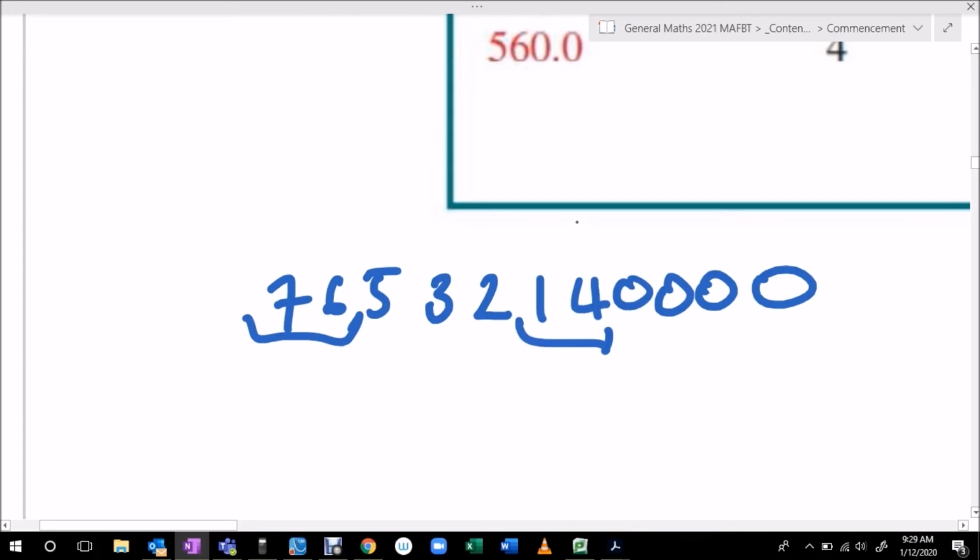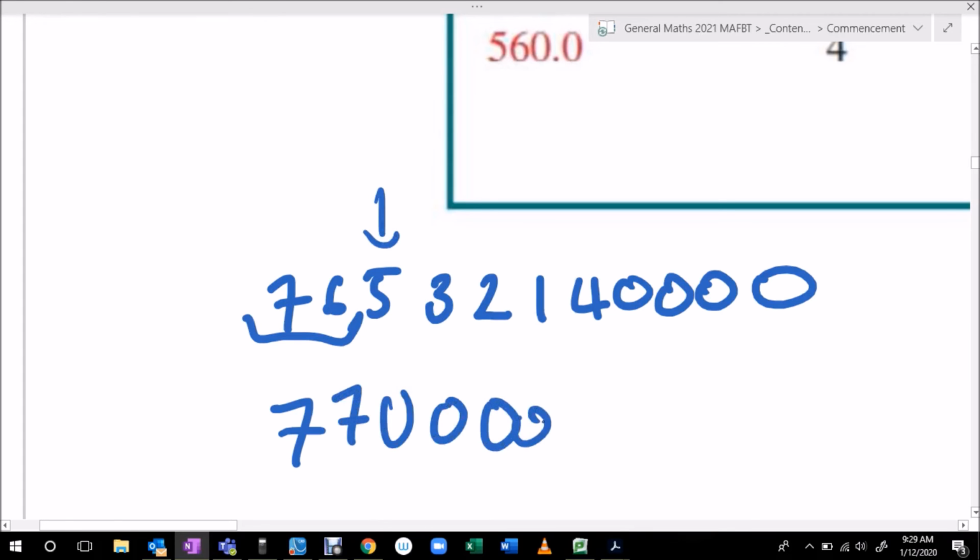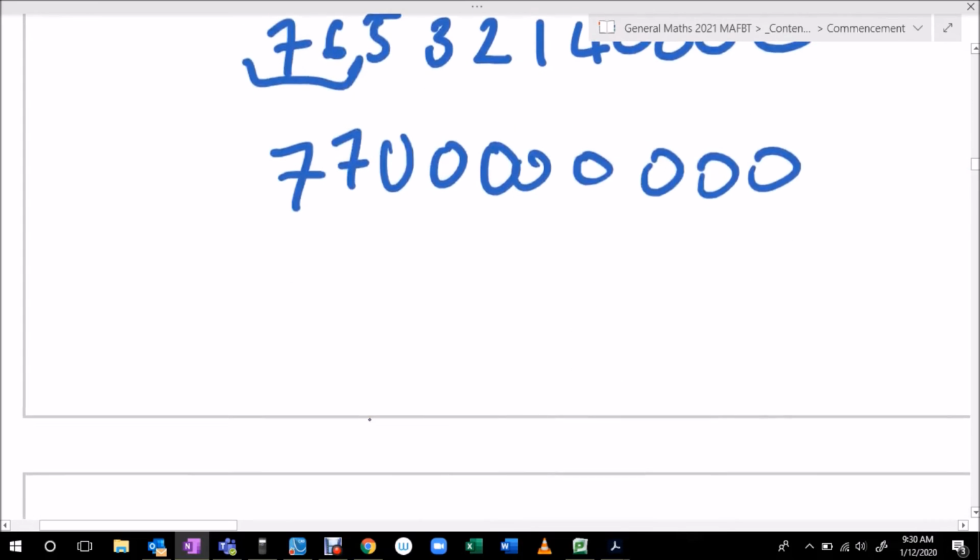The best representation is the front 2 numbers. But what happens to the 6? Based on this 5, it goes up, so it becomes 7. Then the bunch of zeros become insignificant. It rounds up, so his handsomeness level increased.